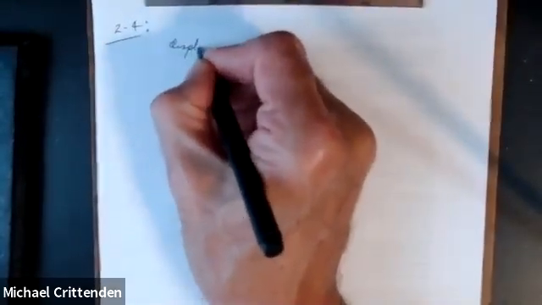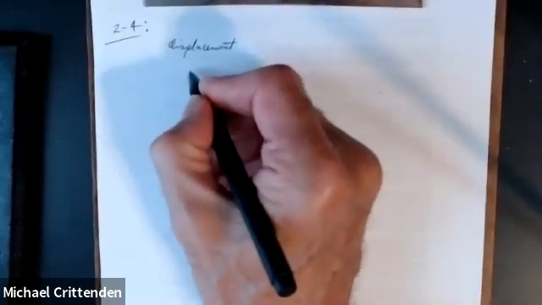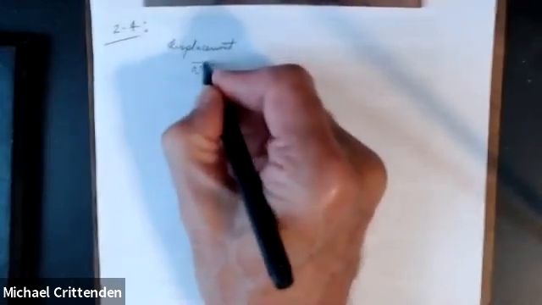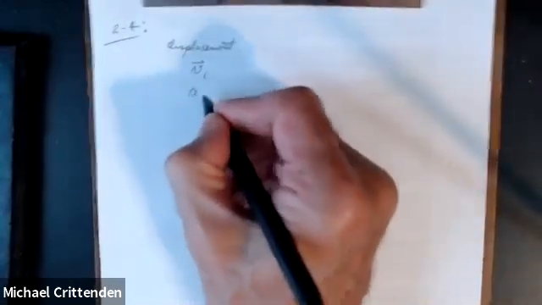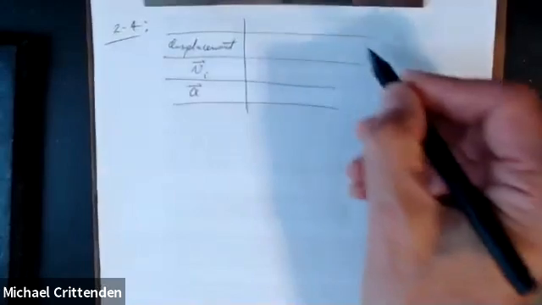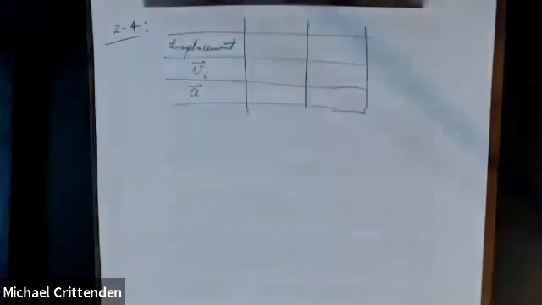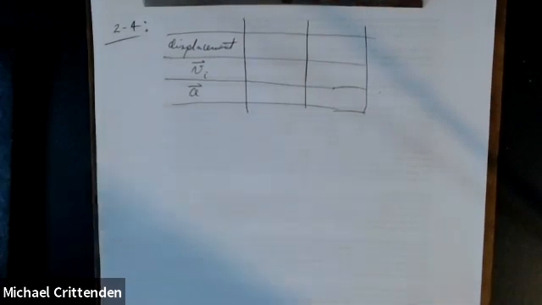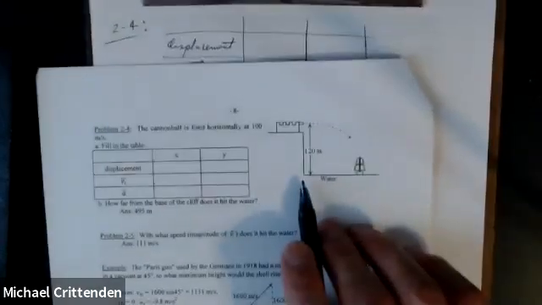So we've got displacement, V initial, acceleration. Well, first of all, how far from the base of the cliff does it hit the water?